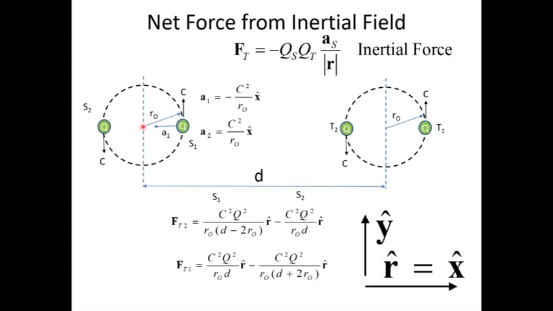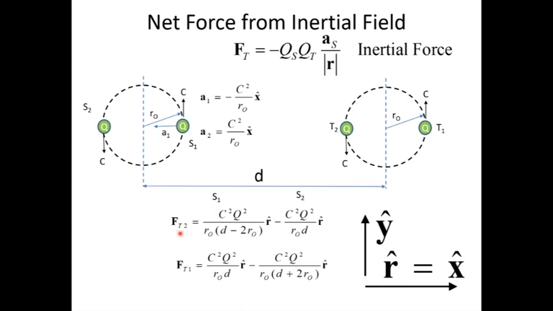These systems are separated by a distance d, and the acceleration of the source pretons are given by these equations here. Basically, it's the centripetal force equations. In this particular setup, the x and r are in the same direction, so I'm going to use r and x interchangeably here.